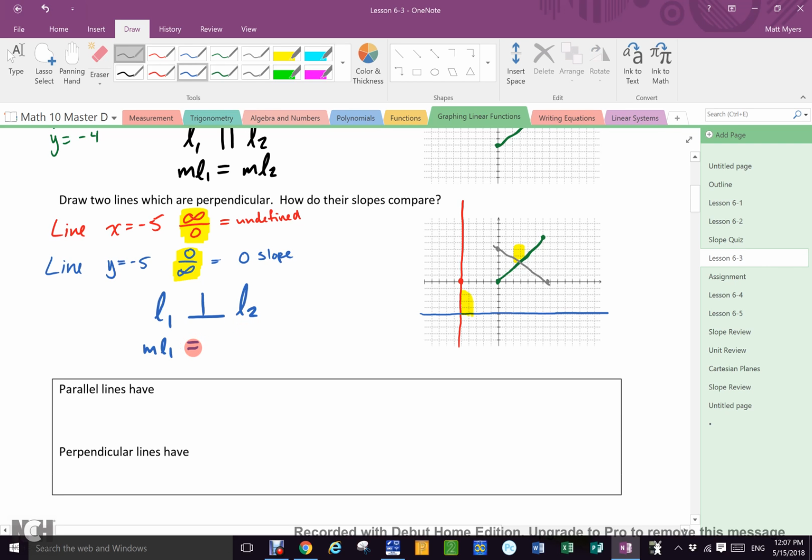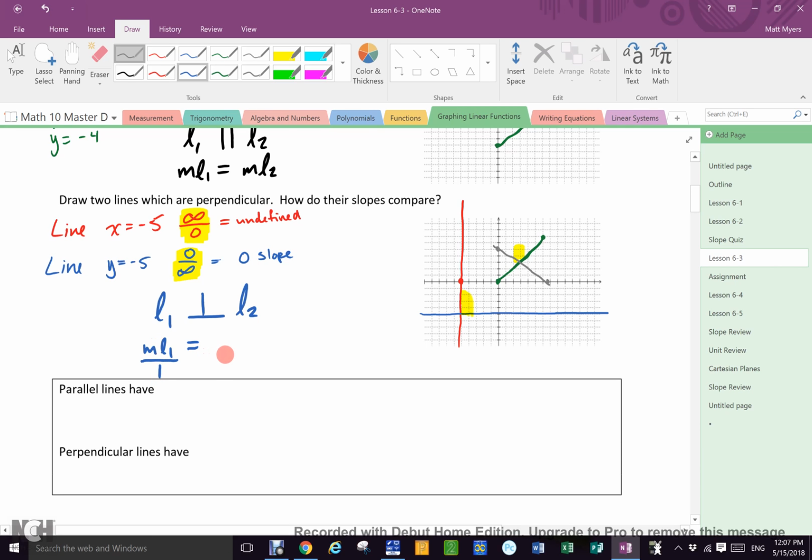It will reciprocate, and what if the first one was negative? There you go. It will reciprocate and change signs. So if this is slope line 1, which would be m of line 1 over 1, wouldn't it?